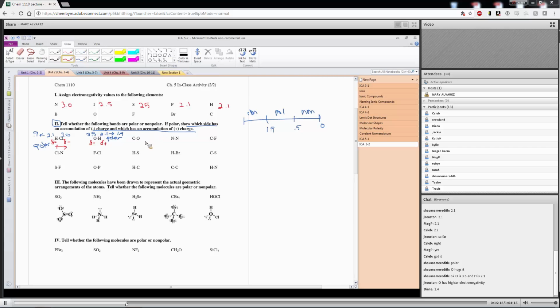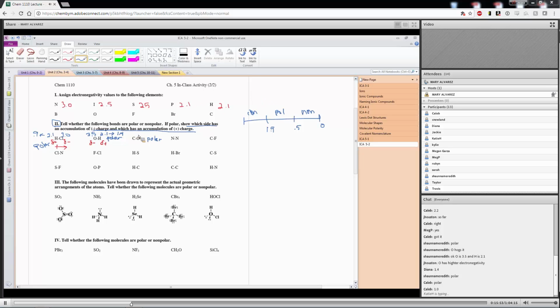Let's do carbon, oxygen. Is that polar or non-polar? Polar, excellent. And why? Because the difference is 1. Excellent.